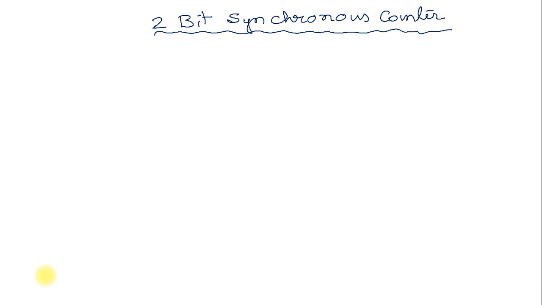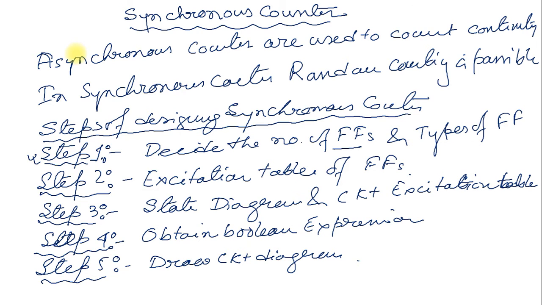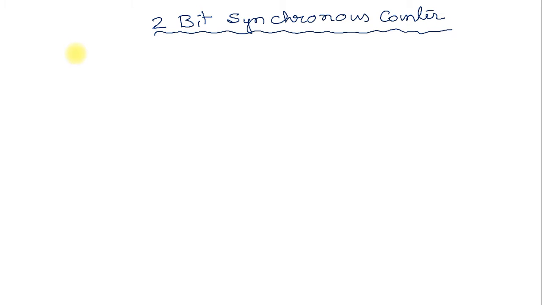So for this I have chosen a 2-bit synchronous counter. Step number one is to decide the number of flip-flops and the type of flip-flop. So here I have chosen, for step 1, the number of flip-flops as 2 for the 2-bit counter, and the type as JK flip-flop.